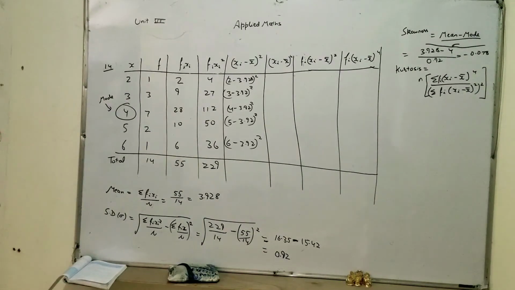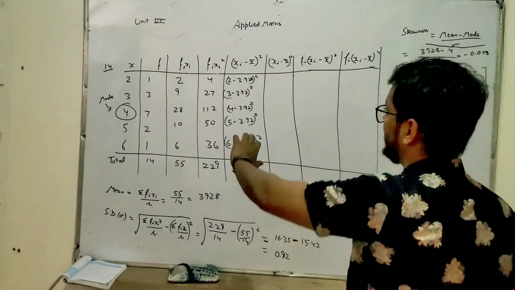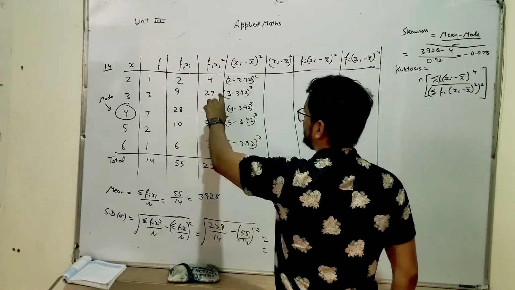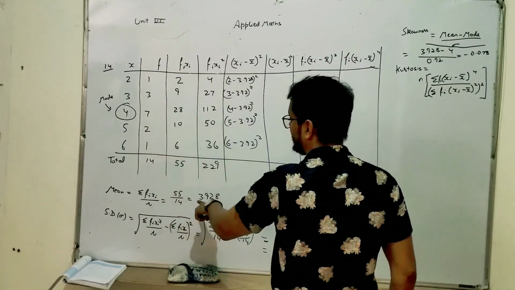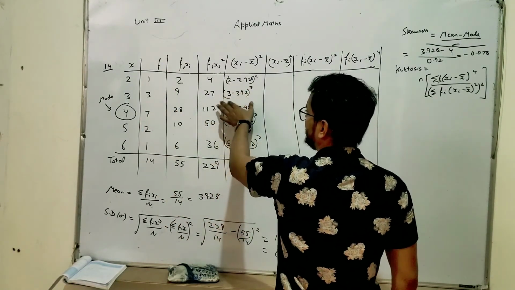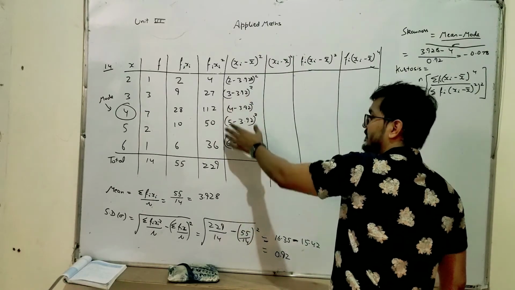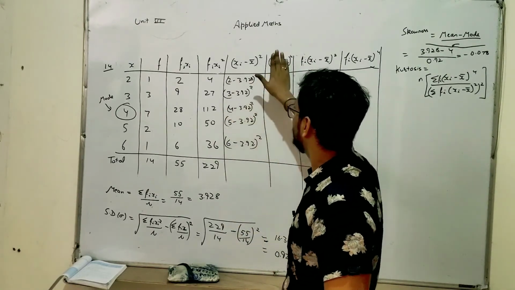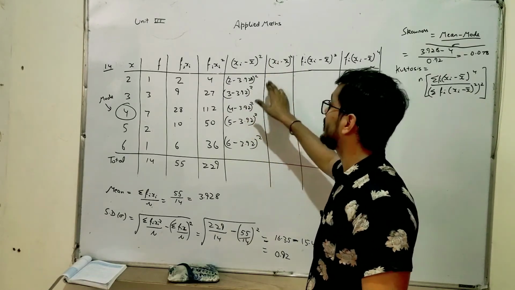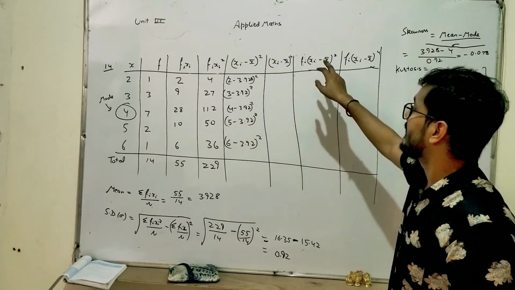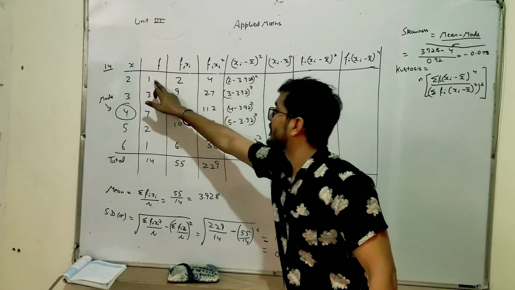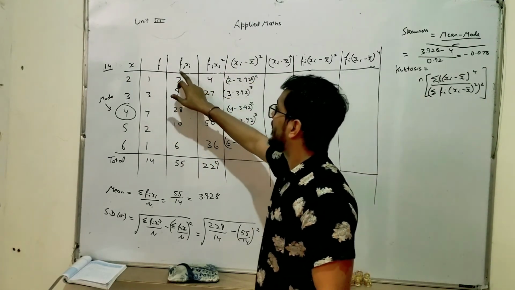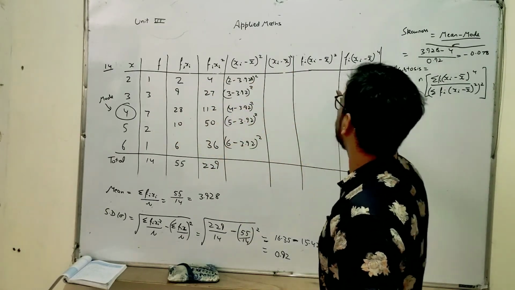Now next comes kurtosis. For kurtosis, just find out the value of xi minus x bar whole square. So xi means 2 minus x bar, 3.92, whole square, then 3 minus 3.92 whole square, then 4 minus, and so on. Similarly, the square of this column will be written here, the square of this column will be written here, then fi multiplied by this column will be written here, and fi multiplied by this column will be written here.